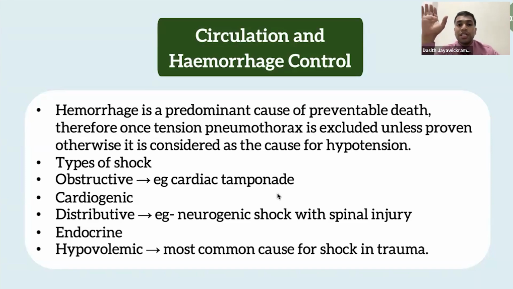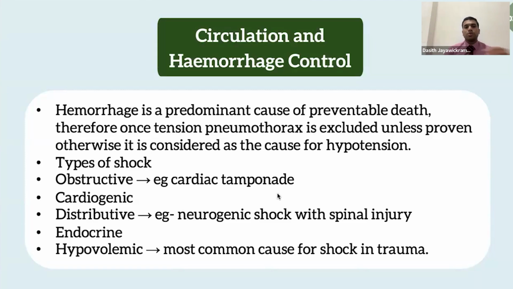The patient might have bled a liter or 2 liters at the site of injury, and they have put a tourniquet and brought the patient. We think there's no bleeding at the moment, but the patient has already bled 2 liters. That means he has lost a considerable amount of blood without clear evidence for us. So that is a hidden bleed. We should be aware that those are possible.